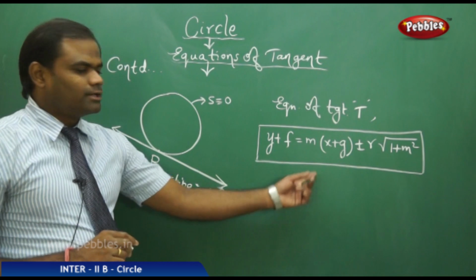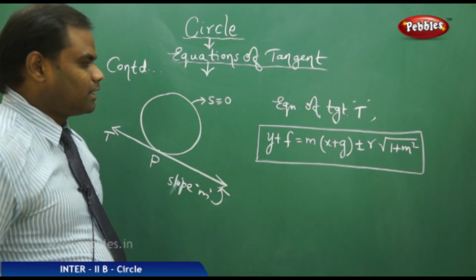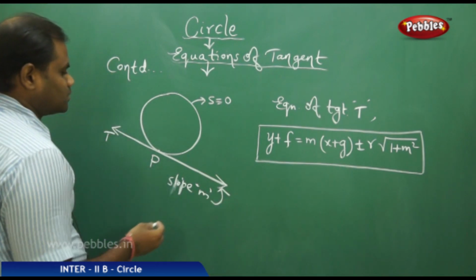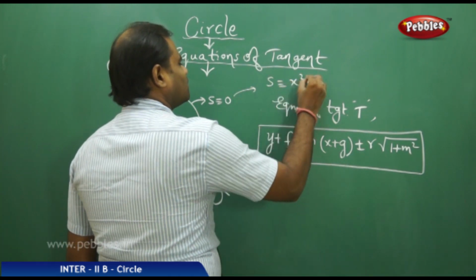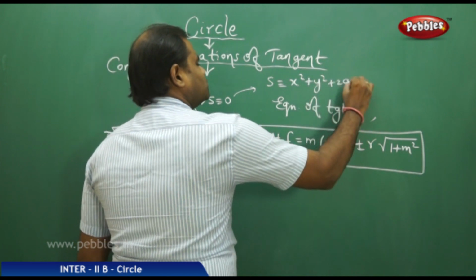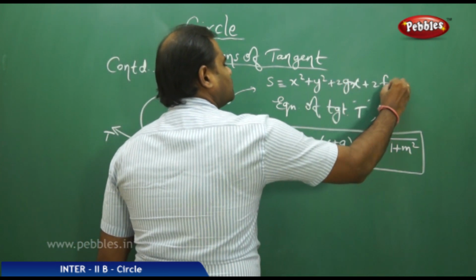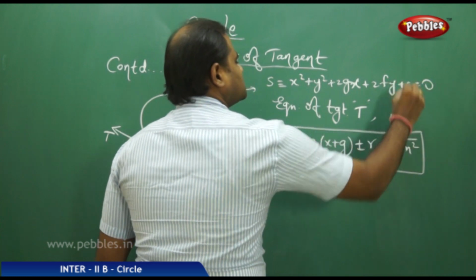Now here r is the radius of the circle, and f and g we know are from the standard equation x square plus y square plus 2gx plus 2fy plus c equal to 0.